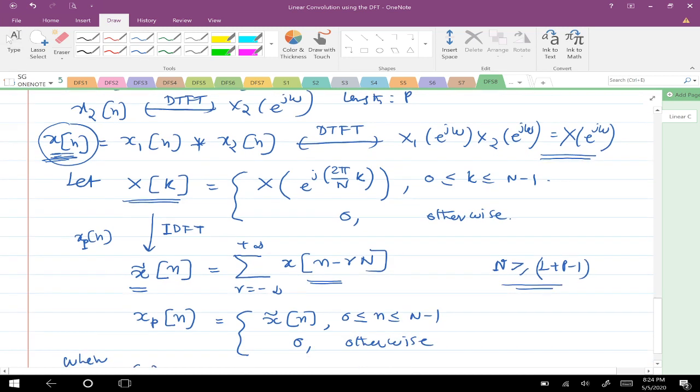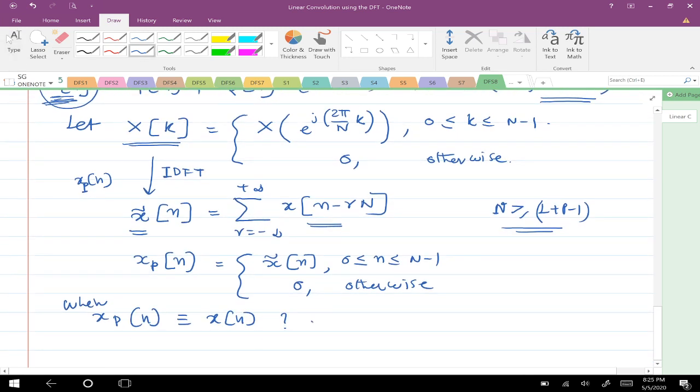So N must be greater than or equal to L plus P minus 1, which is nothing but the length of x of n. That's all we do.